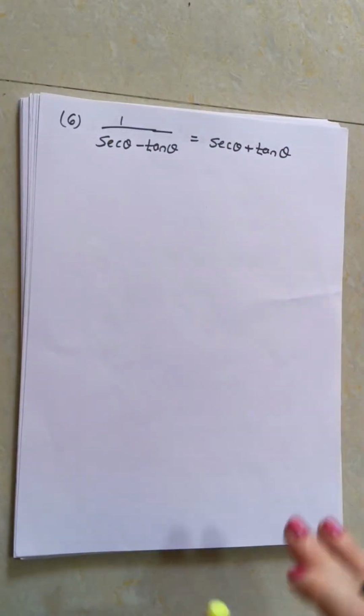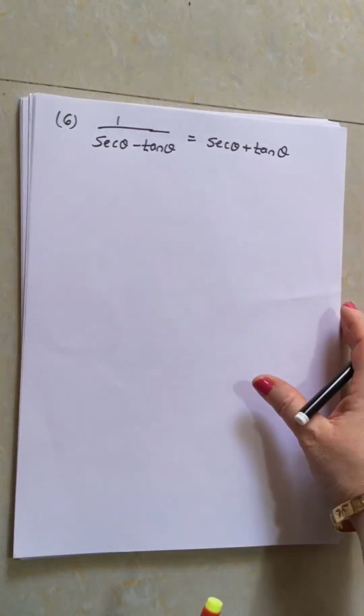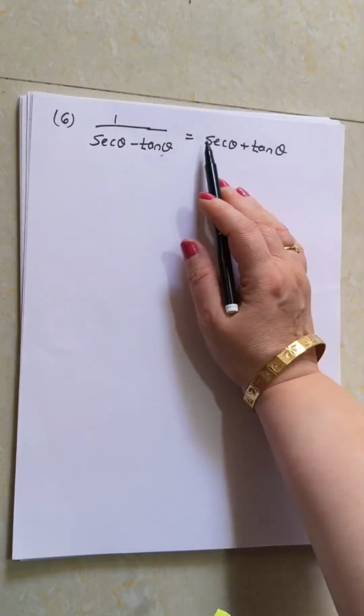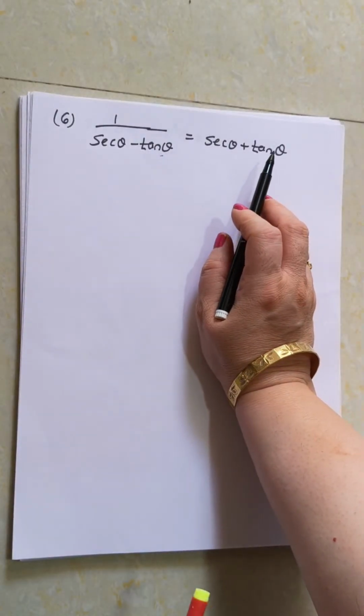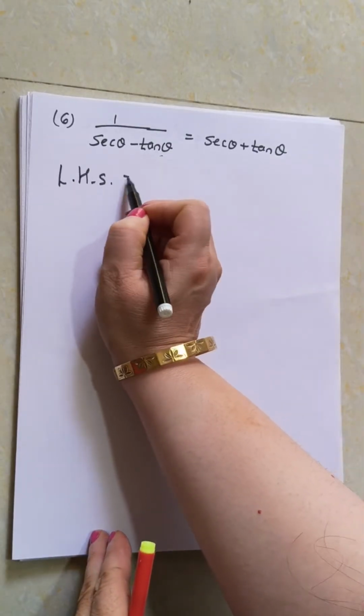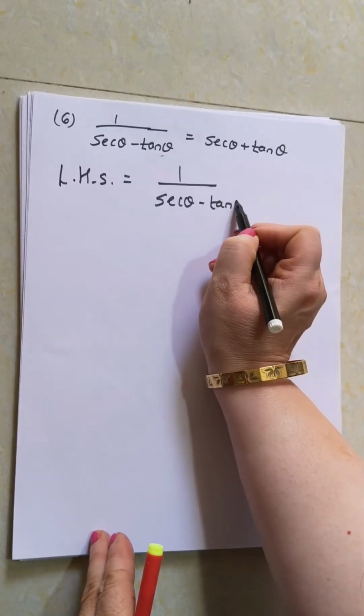Concentration is there. And let's move to the sixth sum of today. And that is 1 upon sec theta minus tan theta is equal to sec theta plus tan theta. Okay. So what is my LHS? LHS is 1 upon sec theta minus tan theta. Okay.